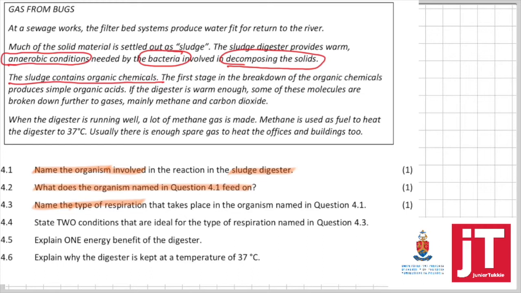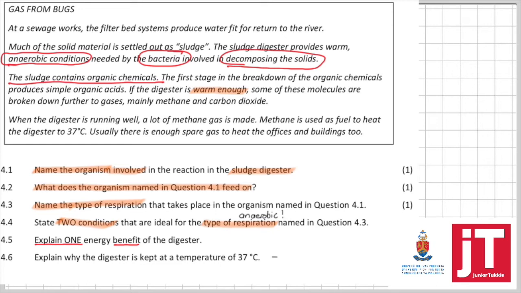Question 4.4. State two conditions that are ideal for the type of respiration named in 4.3. Here we're looking at the fact that it is anaerobic. So we look at the fact that it is warm enough, and obviously that there is no oxygen present because it is anaerobic.